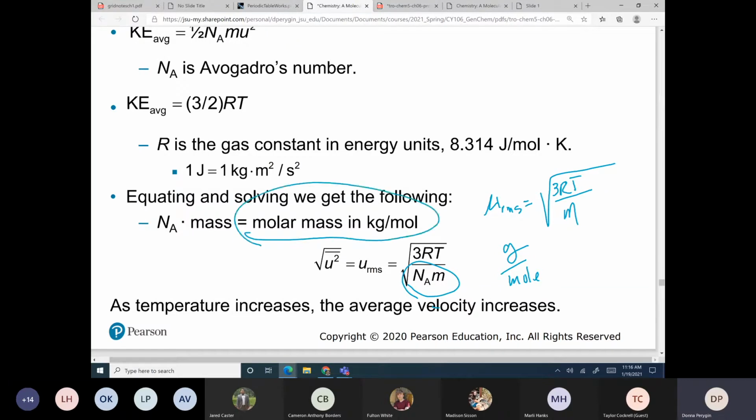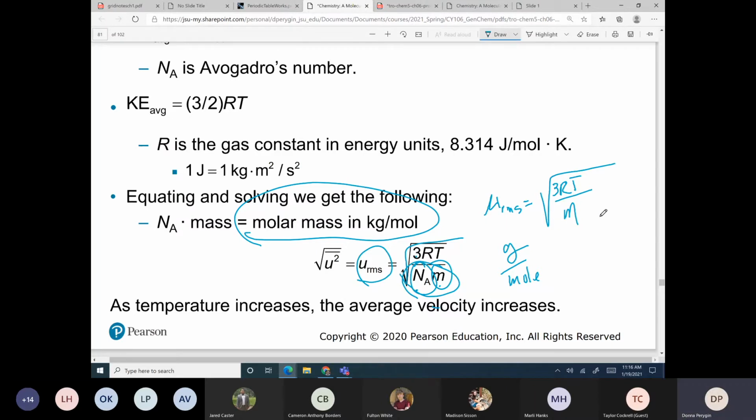So we can get this other formula here, where the average root mean square velocity is equal to the square root of 3RT over Avogadro's number times the mass. So instead of the molar mass, we can just use the mass times basically the amount. Avogadro's number would give us the amount of a mole times the mass, so it's kind of the same thing.